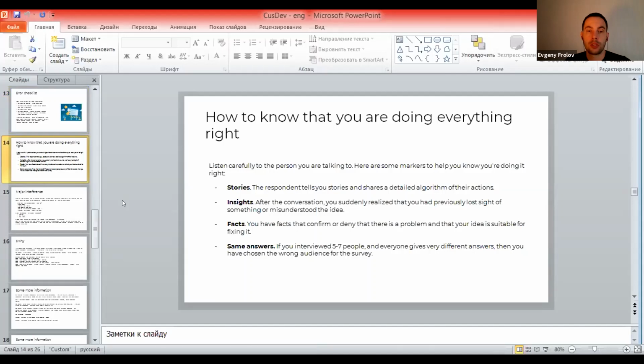When you hear stories and get insights, when you get facts from these interviews, that means you are on the right way, and you have to keep going, unless you start hearing opinions and assumptions.